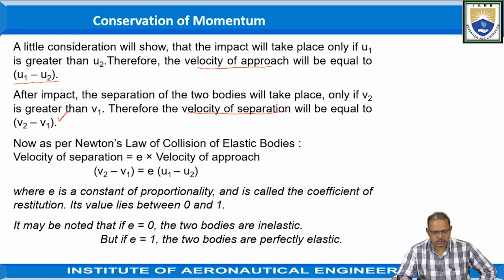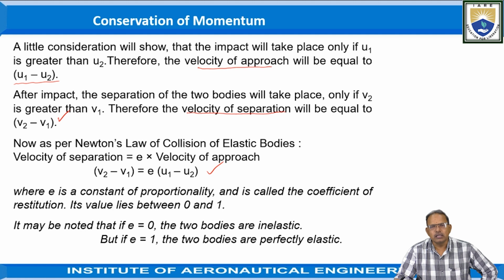Now, as per Newton's law of collision of elastic bodies, the velocity of separation has a constant ratio with the velocity of approach. That means v2 minus v1 is equal to some constant e times u1 minus u2, where e is treated as a constant. It is called the coefficient of restitution.